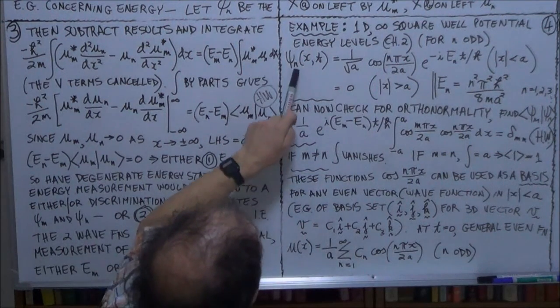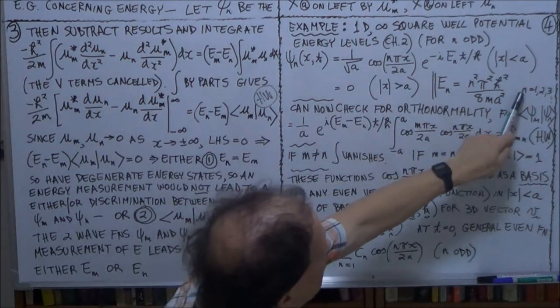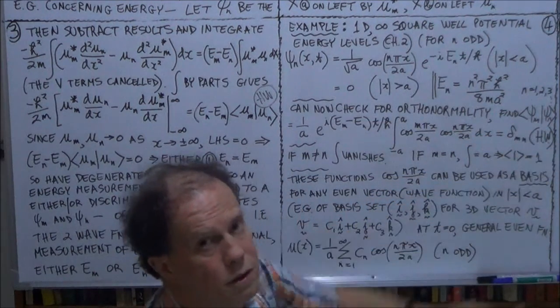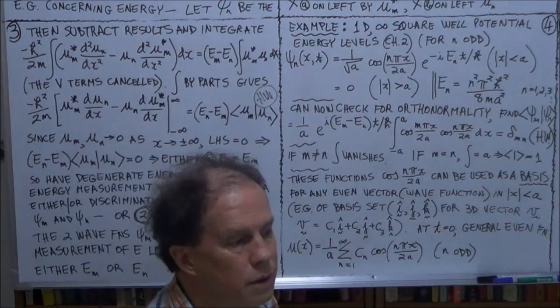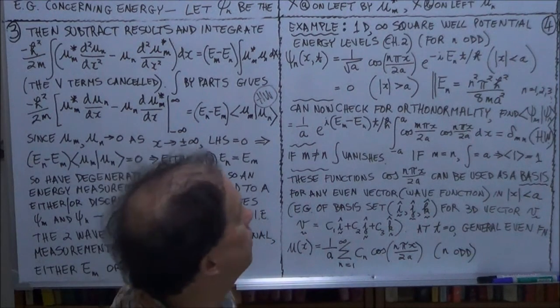Now, that's for a given n. n is an integer, and n ranges 1, 2, 3, just the ordinary counting numbers, the positive integers, the natural numbers, if you like.